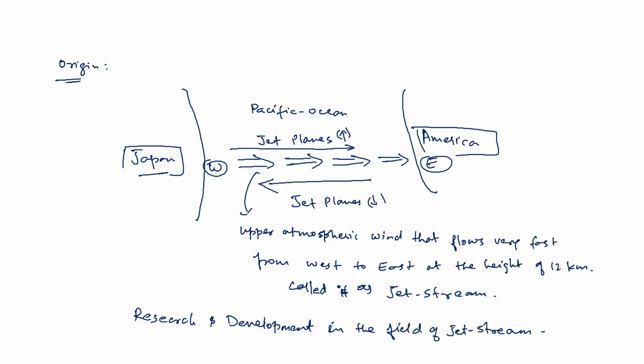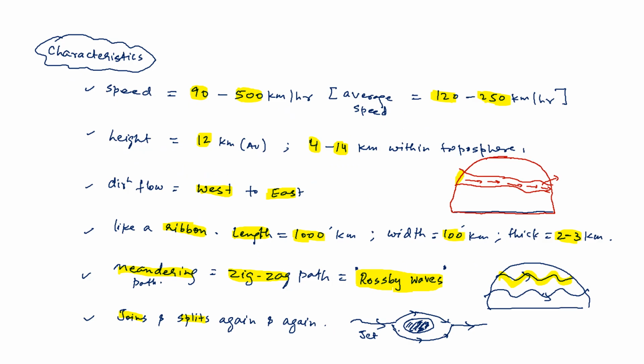Then a lot of research was carried out on the characteristics of the jet stream. So what has been discovered? It has been discovered that there is a high-speed wind blowing from west to east. On average, it moves at a speed of around 120 to 250 kilometers per hour, but it can be anywhere from 90 to 500 kilometers per hour.